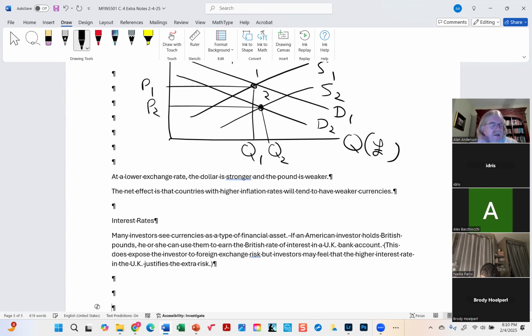By the way, why don't we look at a quick example of this? Suppose that the exchange rate between the dollar and the pound, let's go back to our original example of $1.25.